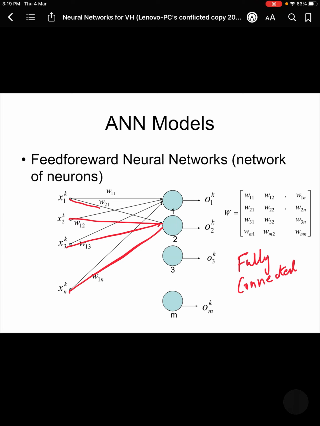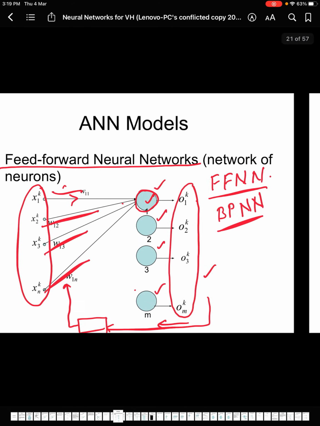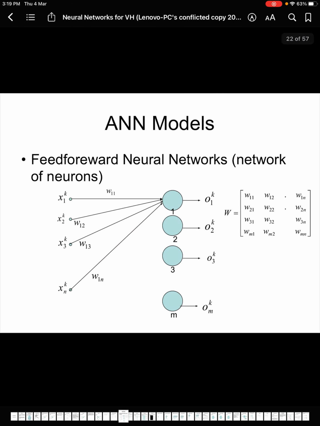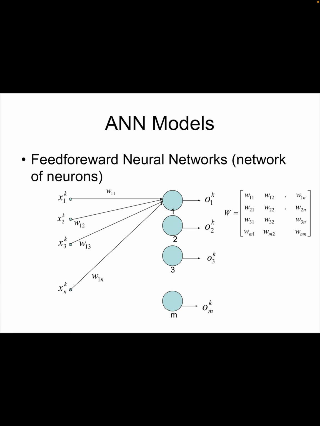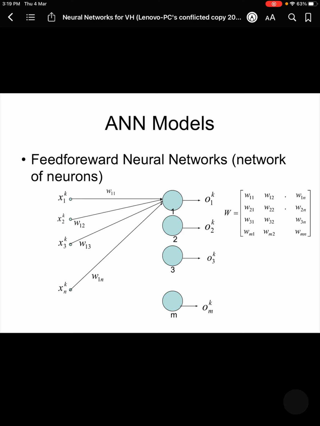Now let's see the mathematical notation of what is happening over here. For one neuron, the weights will be W11, W12 up to W1n, since n inputs are there. So for this neuron, these are the sets of weights. Similarly, for the second one, these are the weights for all the n inputs, and likewise for the third one.